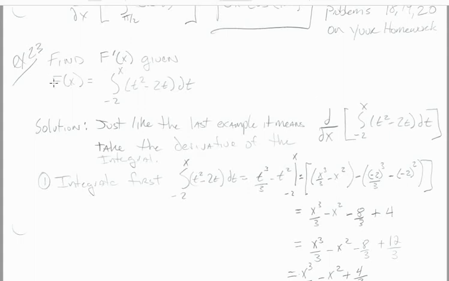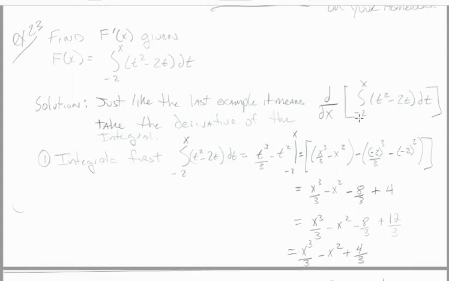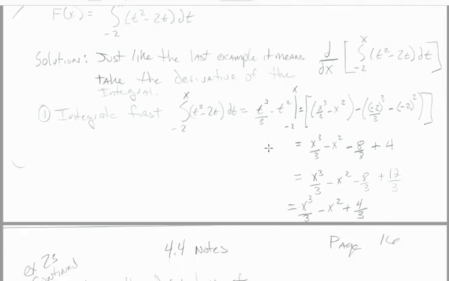Because it's giving us capital F of x here, and it's asking us to find the derivative of capital F of x. Remember, capital F of x tells us to take the integral of this function here. So it's the same thing. We're going to take the derivative with respect to x of the integral from negative 2 to x of t squared minus 2t dt.